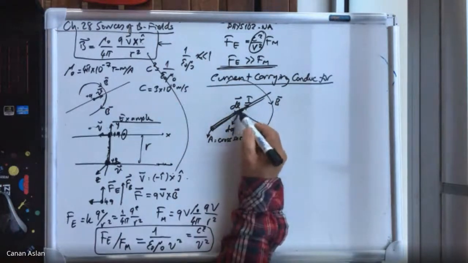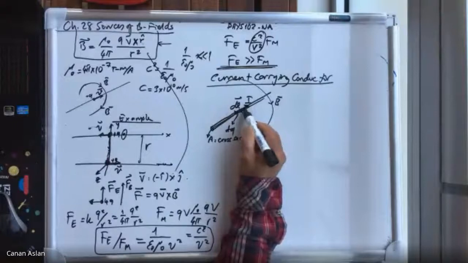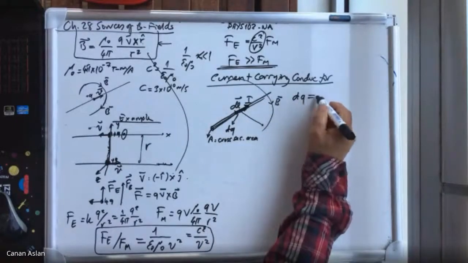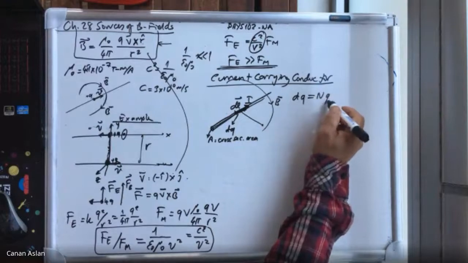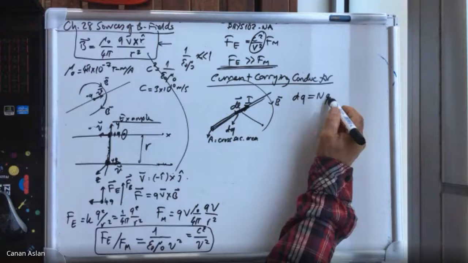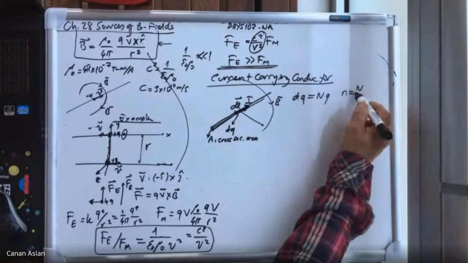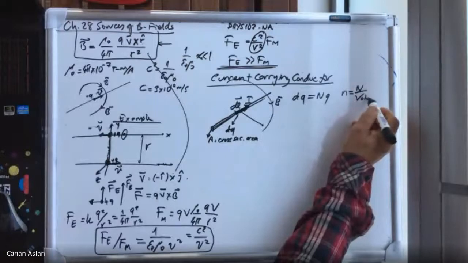Now suppose that in this little distance dl, there is dq, and dq is just n times q. Now we define the number density, which is n divided by volume.